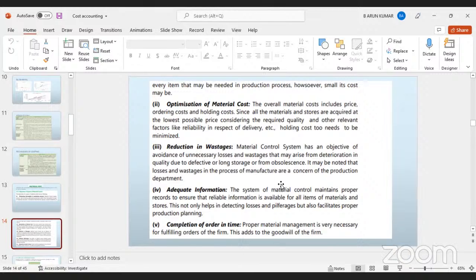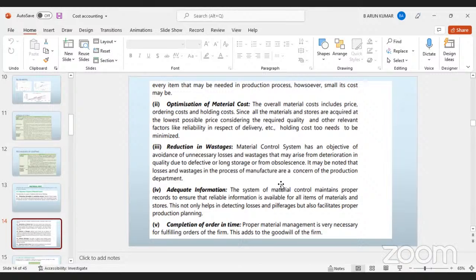Optimization means we reduce the cost at which we purchase the material. If we purchase a large amount of material, we look at alternative products and alternative suppliers. We find the best quality of goods at low prices. So the second objective is optimization of material cost.